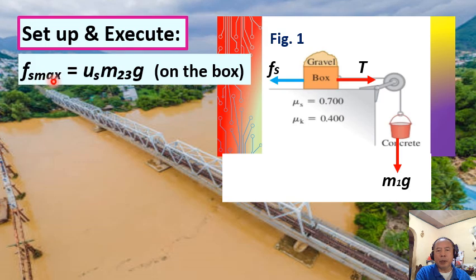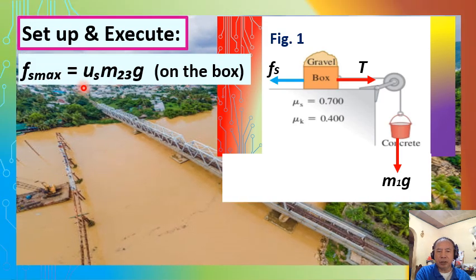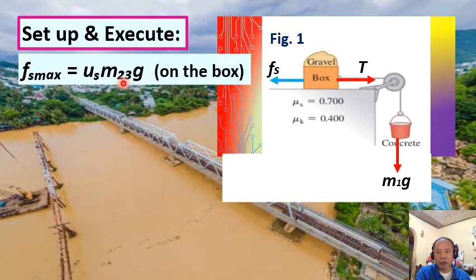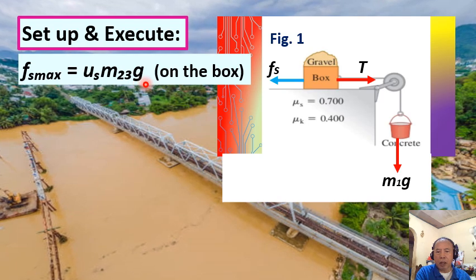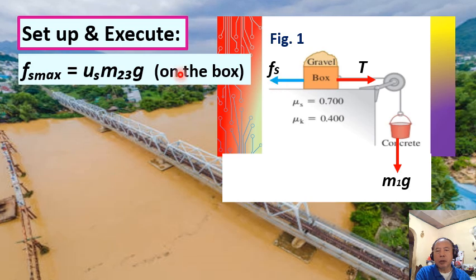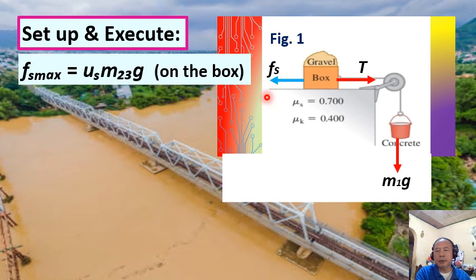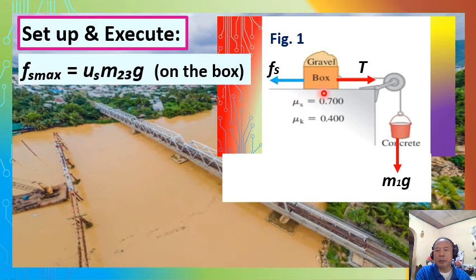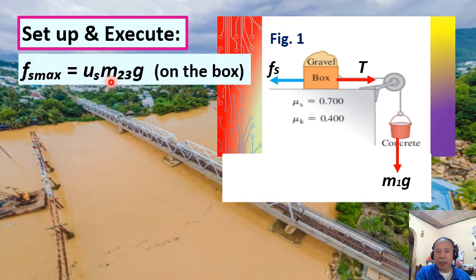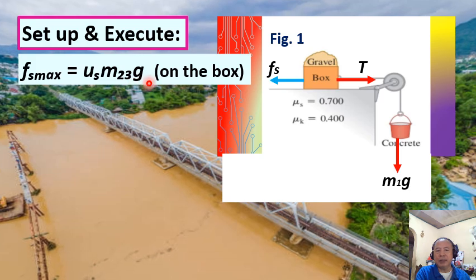So using the formula to determine the maximum static friction, which is mu sub s multiplied by the normal force exerted by the surface of the roof on the box, which is equal to the combined mass of the box and the bag of gravel, labeled as m sub 23, times acceleration due to gravity.